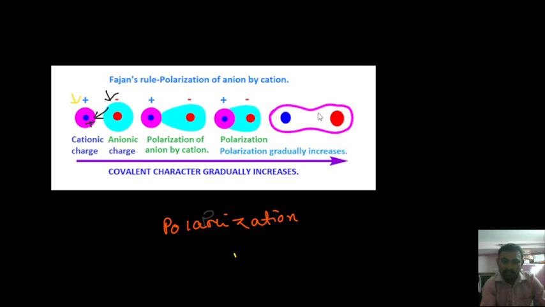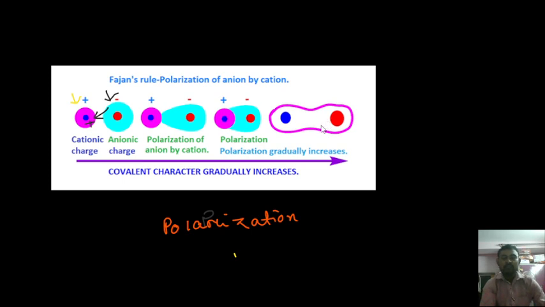As the electron density comes into the cation, the electrons of the anion are shared by the cation and anion. When electron sharing happens, covalency is generated, because in a covalent bond electron sharing happens. So in the last step, covalency is established.